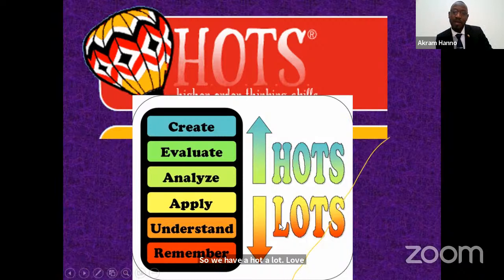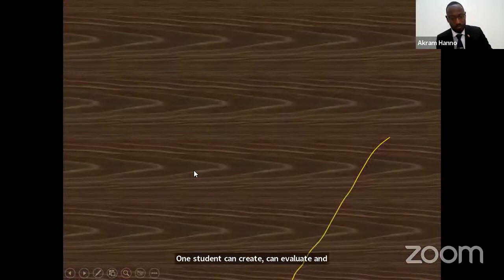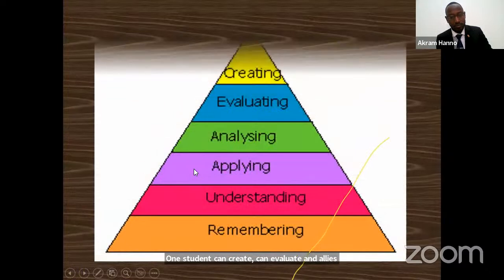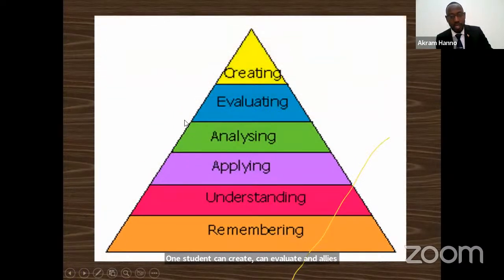LOTS refers to low order thinking skills. These are the high: when a student can create, evaluate, and analyze.